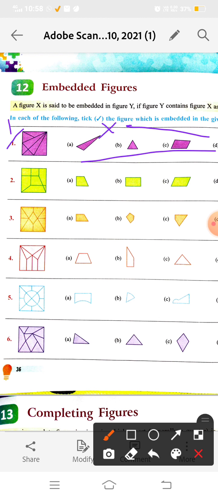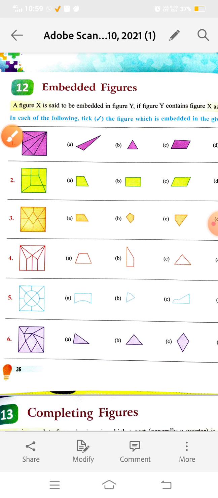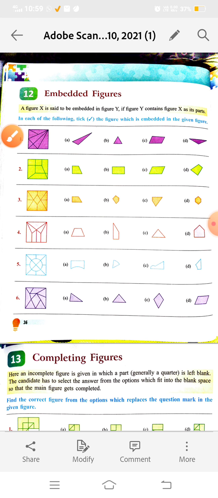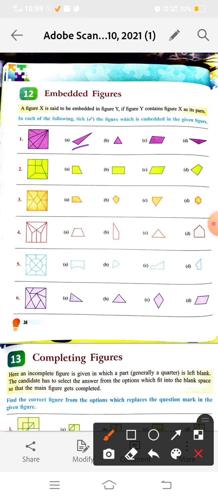So which figure can be embedded in figure Y? See which can be embedded. See clearly this part. Which part can be embedded?